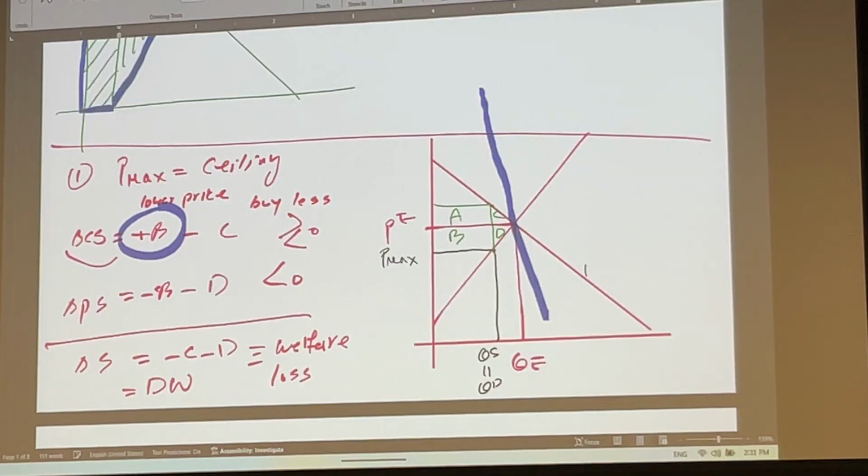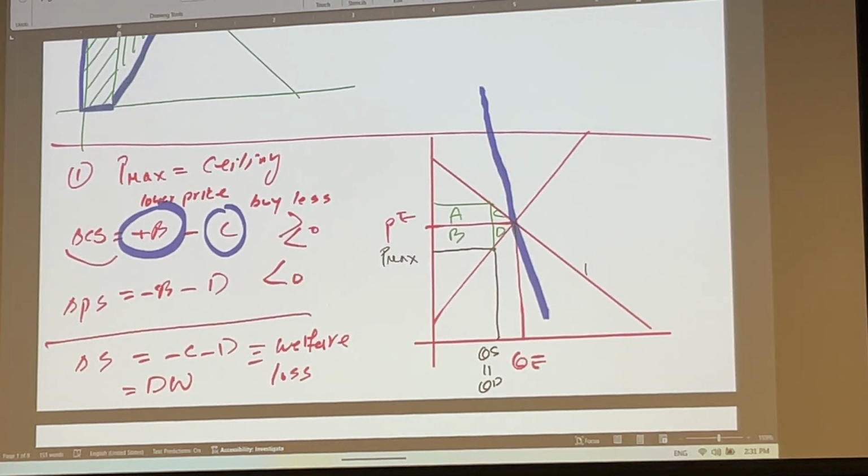B is gained by those who rent. That's the majority of people. They get a bit of help. C is lost by those who are out of the market now. That's a small percentage of the market. You basically get 95% gaining a bit each, 5% losing a lot. The loss is bigger than the gain, but you still have 95% gaining, so it makes a good political move.